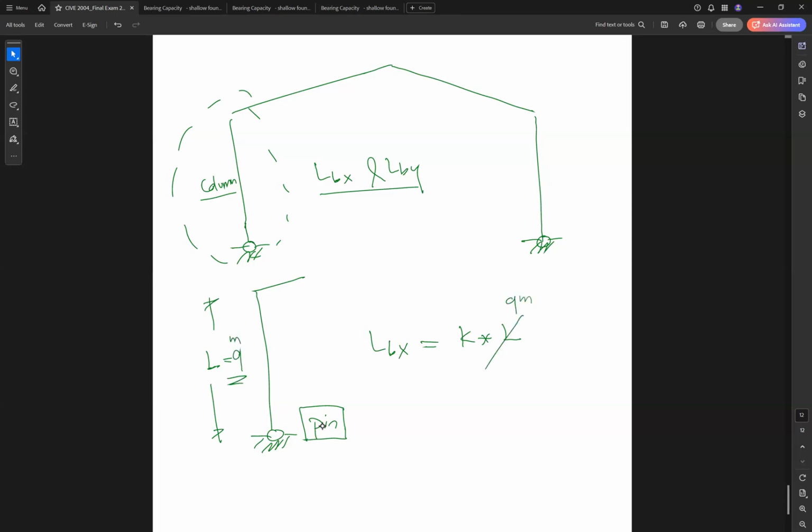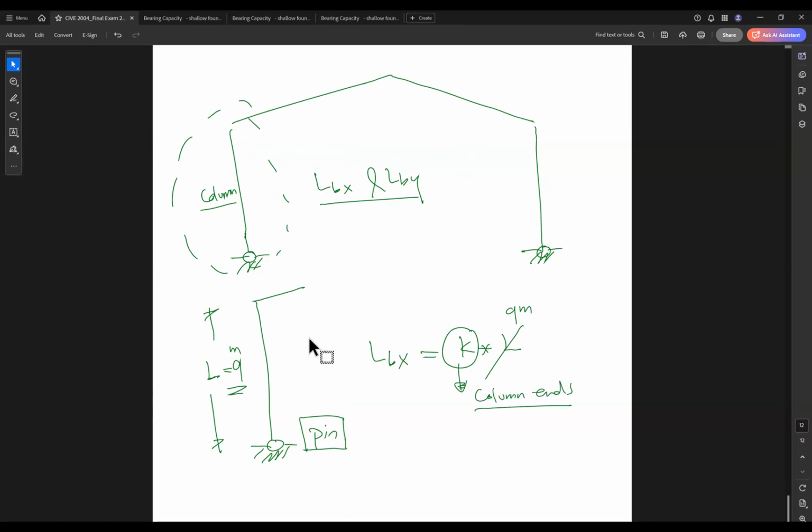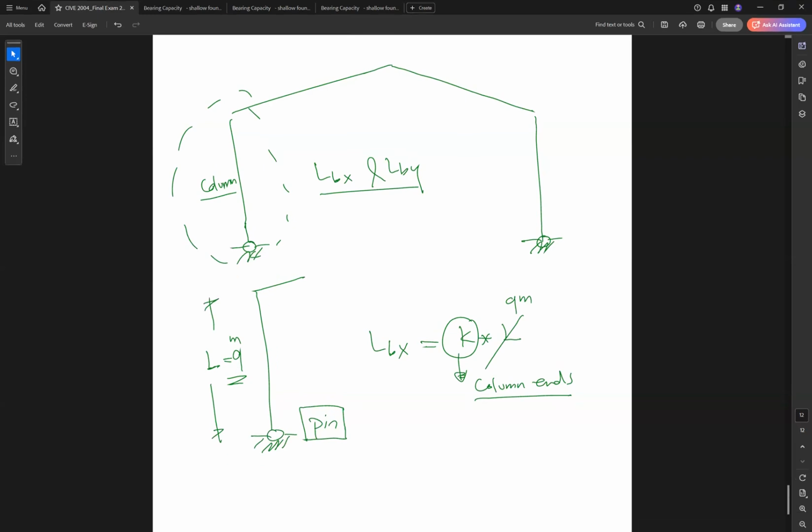So we know L. For K, it is based on the column ends. I will give you this table in the test, but let's have a look here. The column lecture is lecture 11.